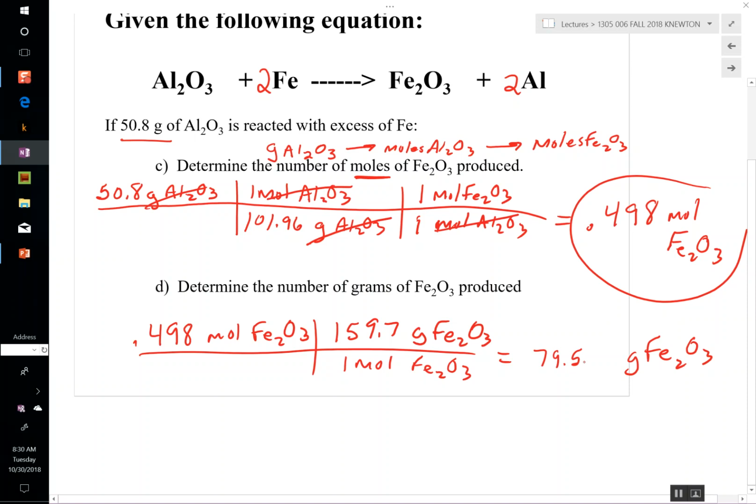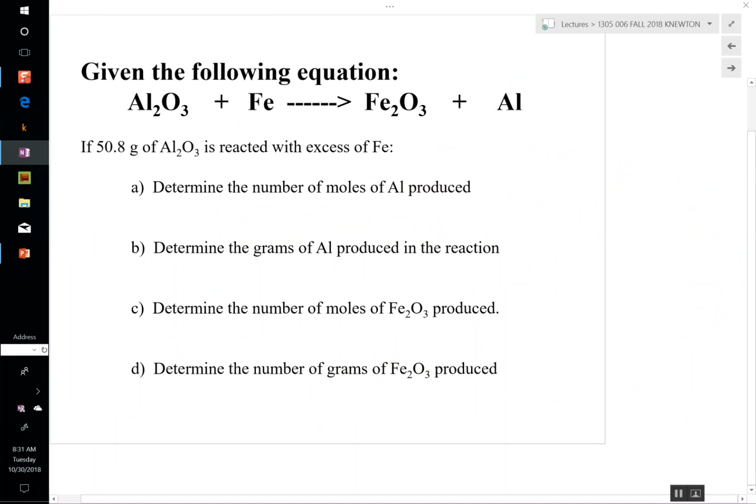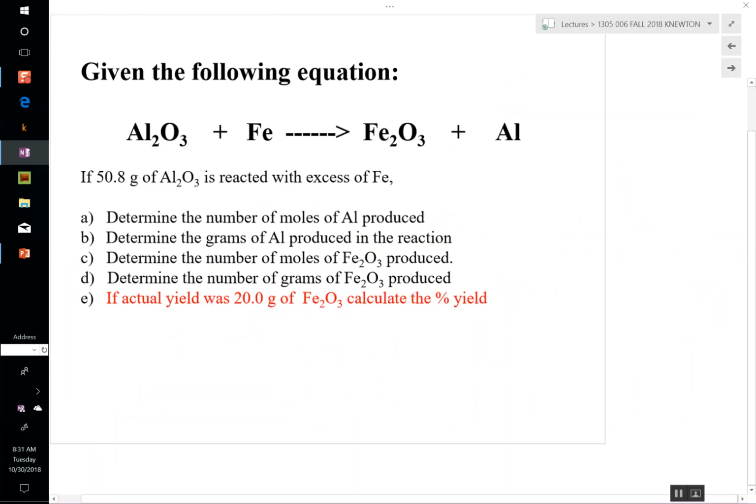All right, so let's help me with these numbers now. This has problems A, B, C, and D, and we got problems A, B, C, and D here. You have these two slides right next to each other.